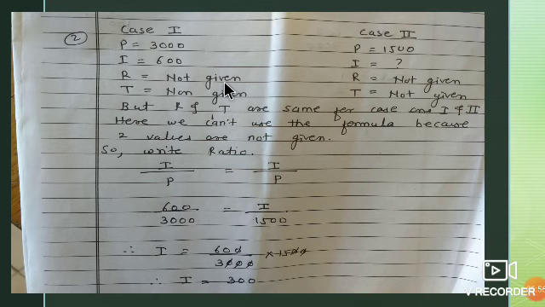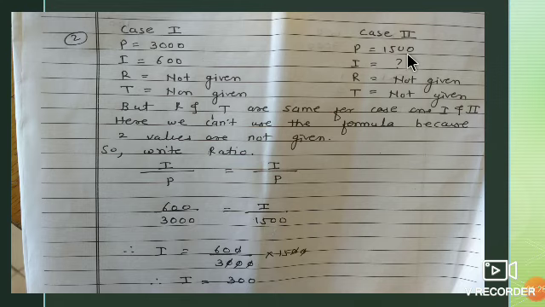Whatever the rate and the time, it is the same for both principals. So we can write the ratio like this: interest upon principal is equal to interest upon principal, because the rate of interest and time are the same. So first, interest is 600 upon 3000. This 600 upon 3000 is equal to interest upon principal 1500.